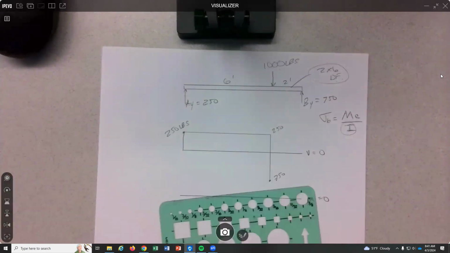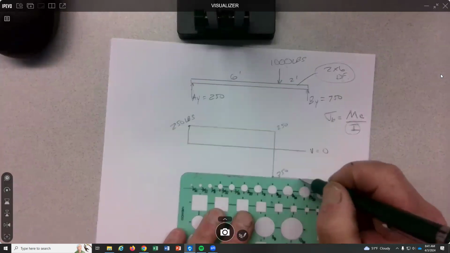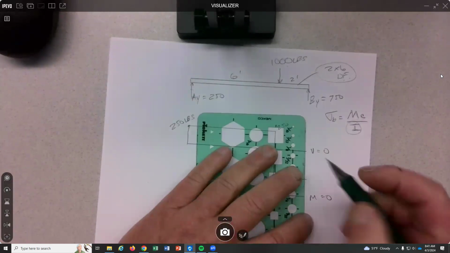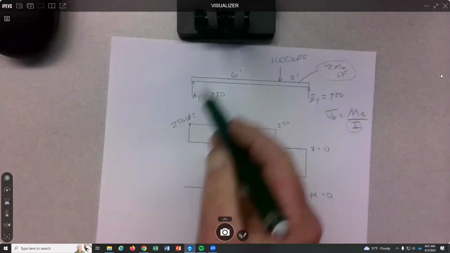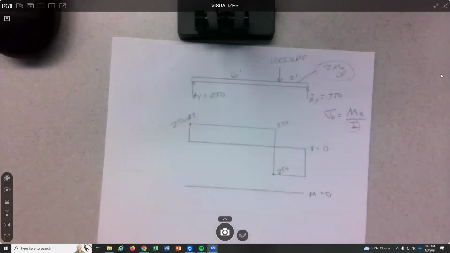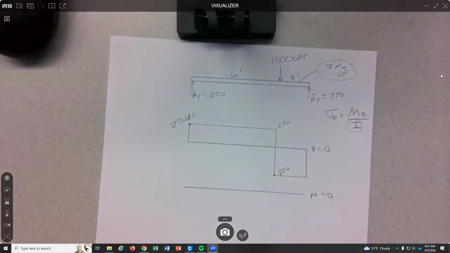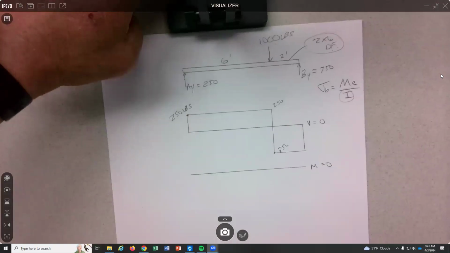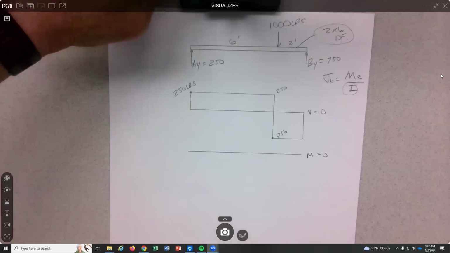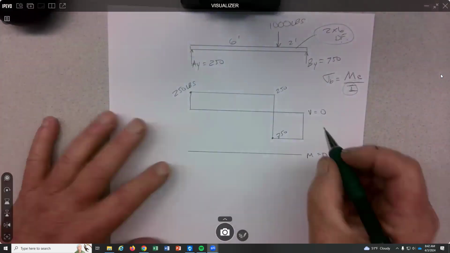If you've done it right, you end up back at 0. Because these are all simply supported beams, they're in equilibrium. That diagram should come back to 0. If it ever doesn't, you probably got an error in your reactions. 750.